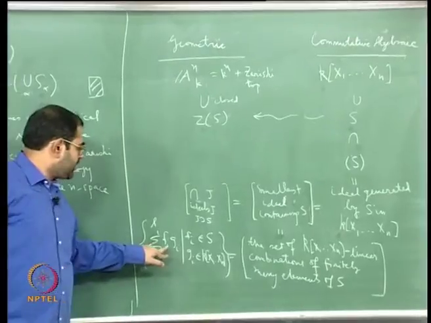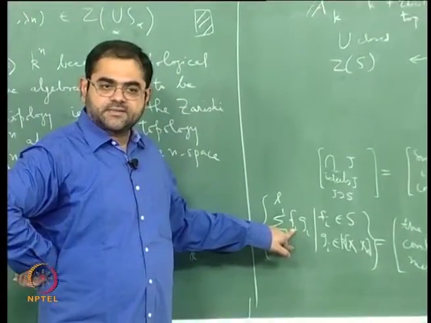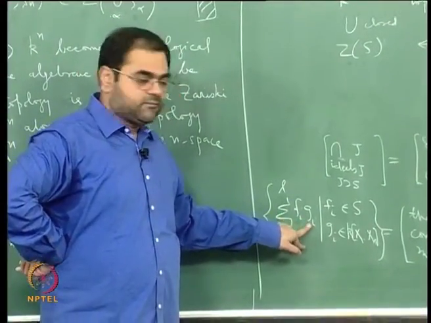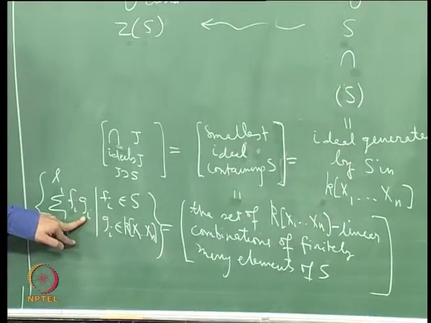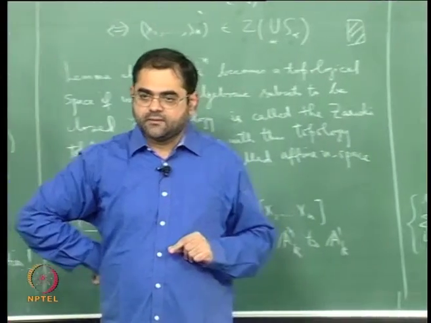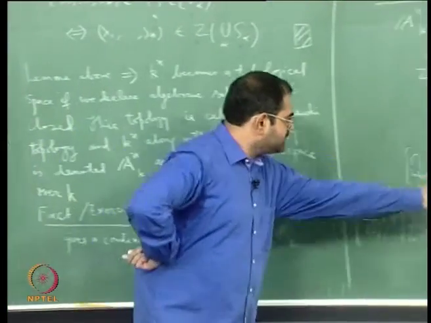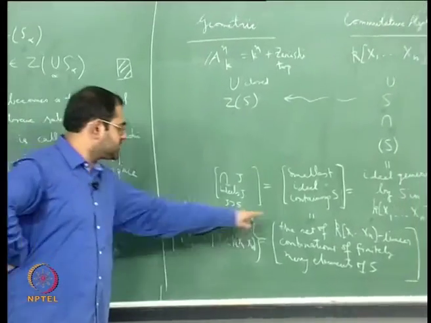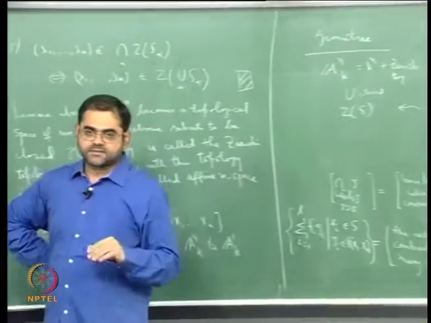So you are taking finitely many f_i's from the set S and then you are multiplying them with coefficients which come from the ring, and then you are taking a linear combination, okay, and you can check that this is the same as this and that this is the same as this. That's a very simple exercise, okay.